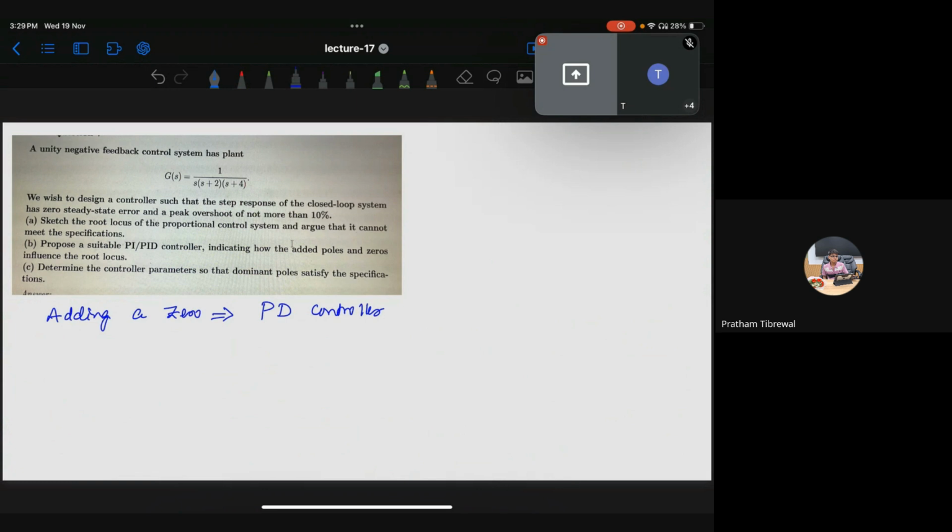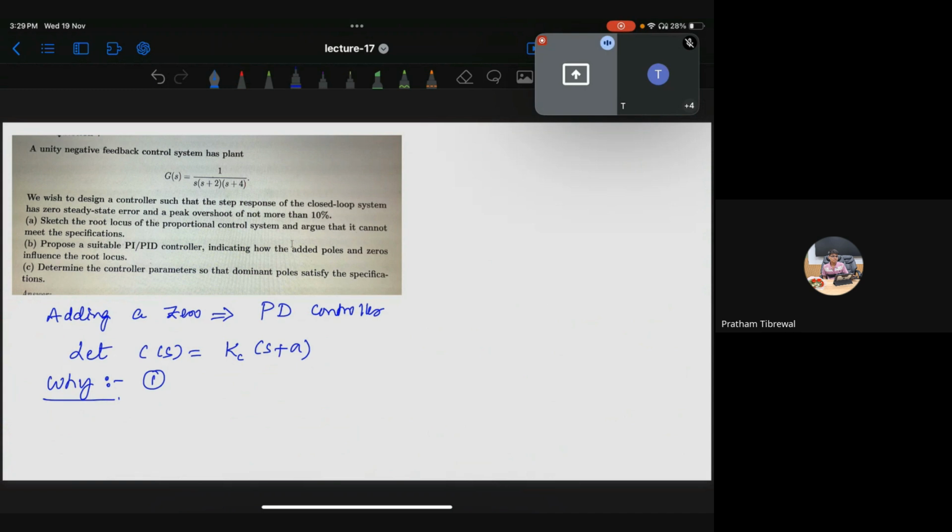Let's take C of S as Kc times S plus A, where Kc is some gain and A is the zero we are trying to add. Basically, why do we want to add a zero? There are two points.